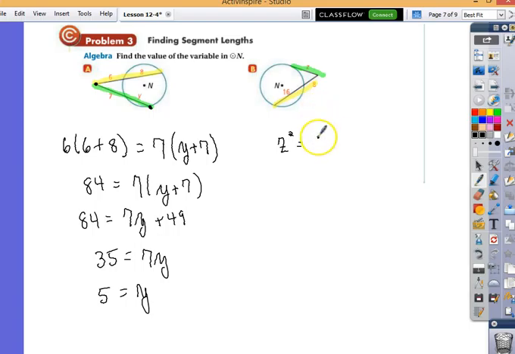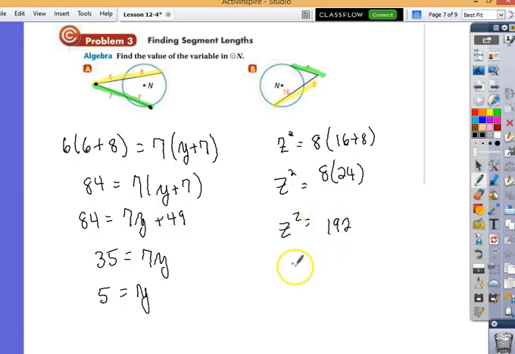That's an 8. And then what's the furthest distance? A lot of people will make that mistake, but it's 16 plus 8, or 24. So z squared is equal to 8 times 24, which is 192.